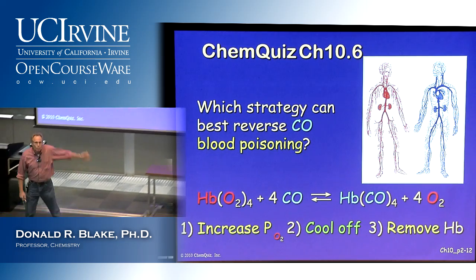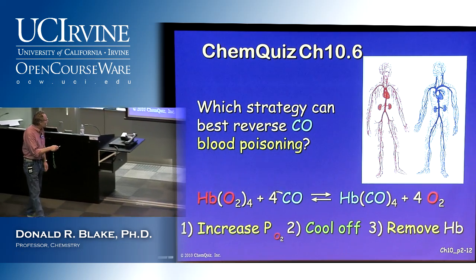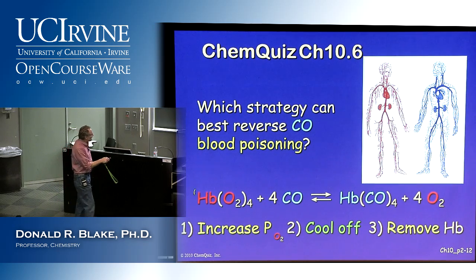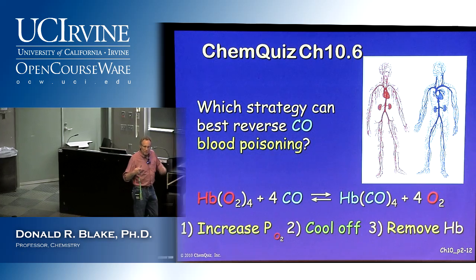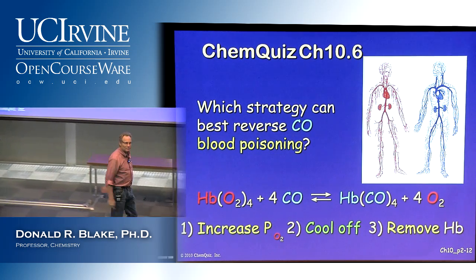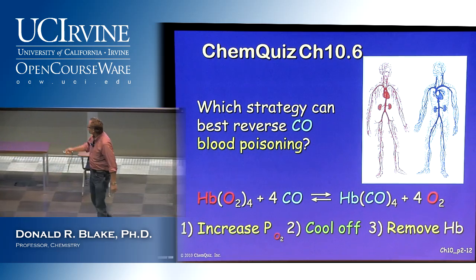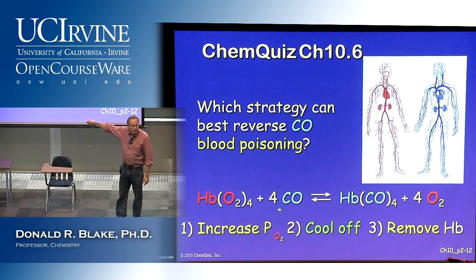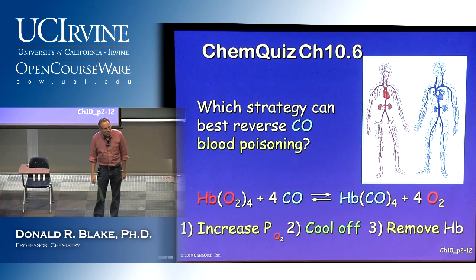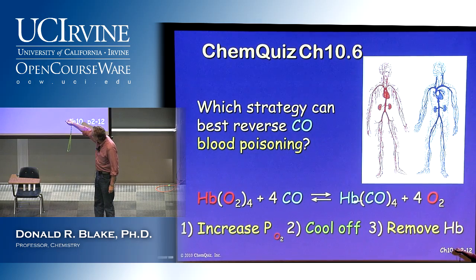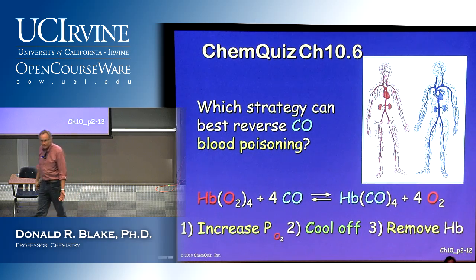So, what does Le Chatelier tell us about this? Here's the reaction. This is what is happening in your body right now. Hemoglobin takes oxygen from your lungs to the rest of your body, where we use it to burn up glucose. We need that oxygen. If you get near something giving off a lot of CO, the binding energy of this reaction is a stronger bond there than there, so preferentially, this will bond.